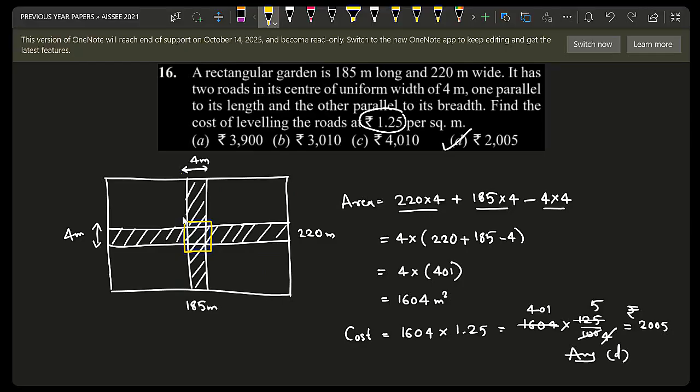Sir, because that is in this rectangle and the vertical rectangle. Because it is present in both the rectangles, we have to subtract it once, right? So I subtract the square area 4 into 4, I get the area, then multiply by the cost, and you'll get the total cost. Okay?